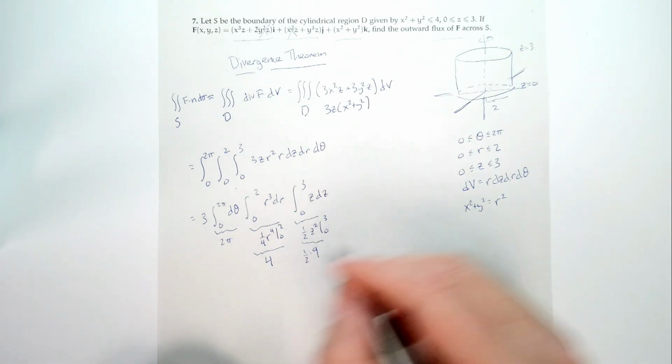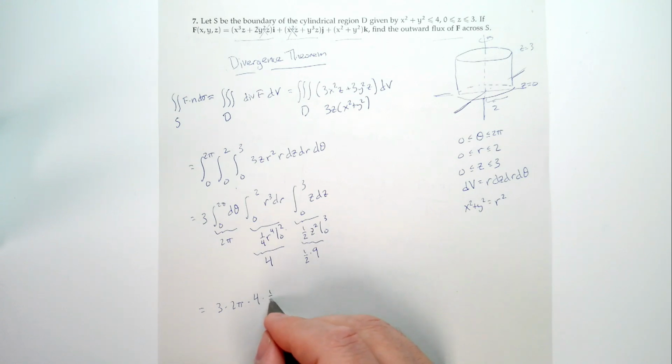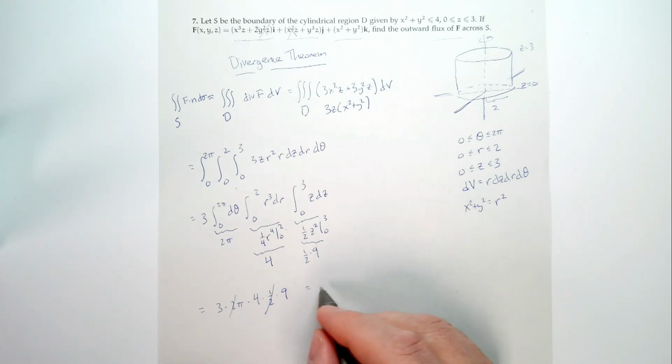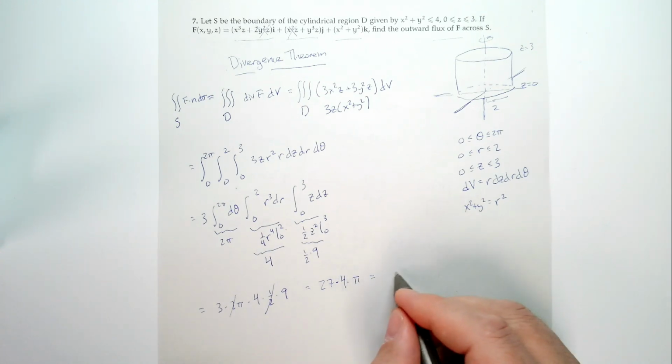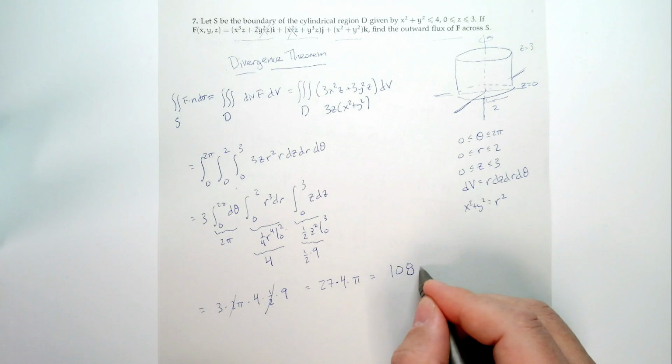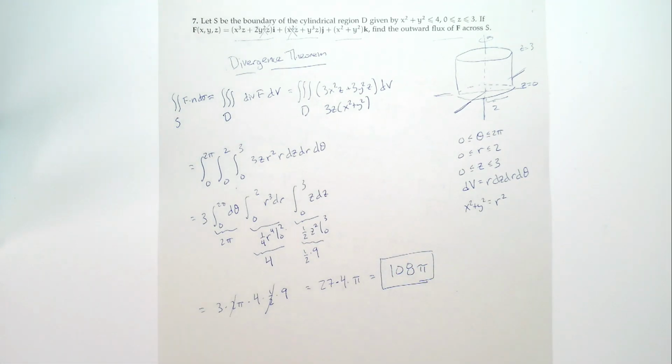All right, so we're ending up with 3 times 2 pi times 4 times a half times 9. The 2 and the half cancel. 3 times 9 is 27. So we get 27 times 4 times pi, and 27 times 4 is 108. So that tells us that our flux is 108 pi.